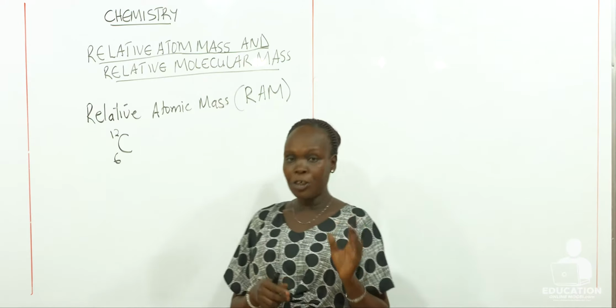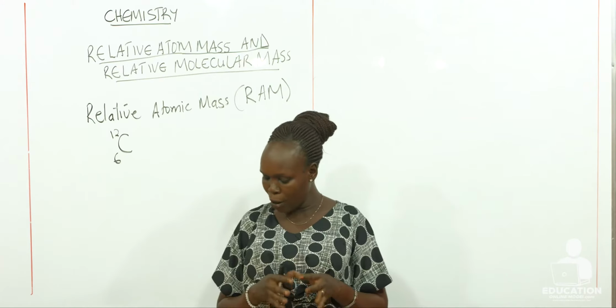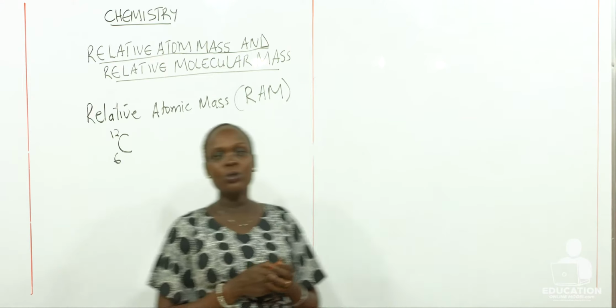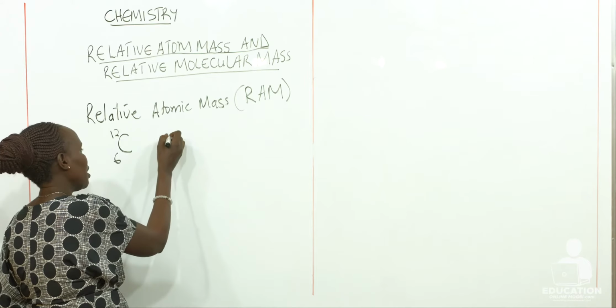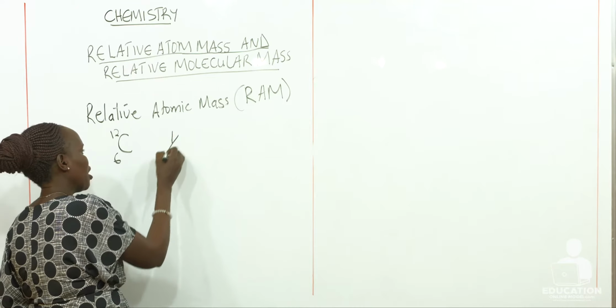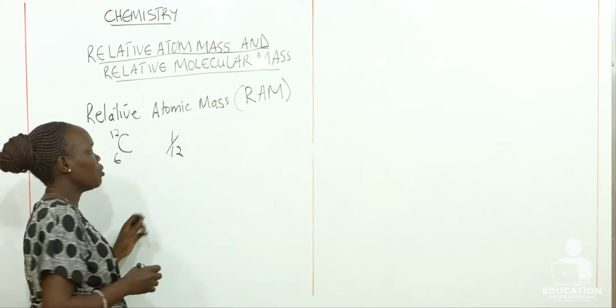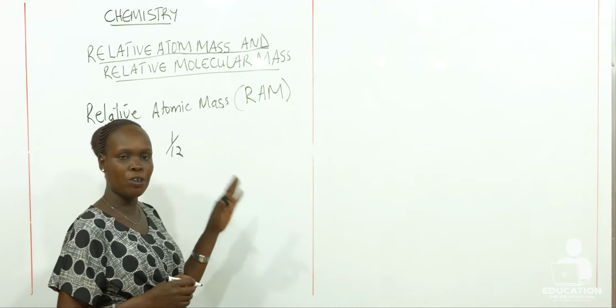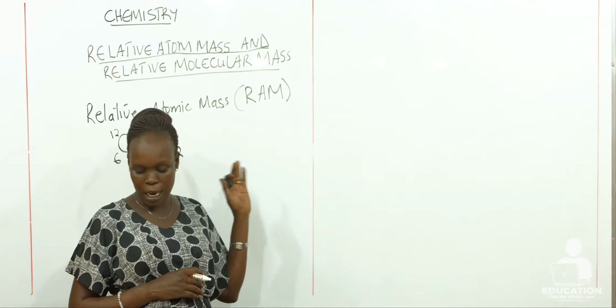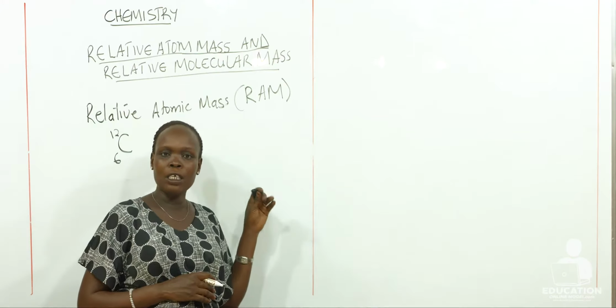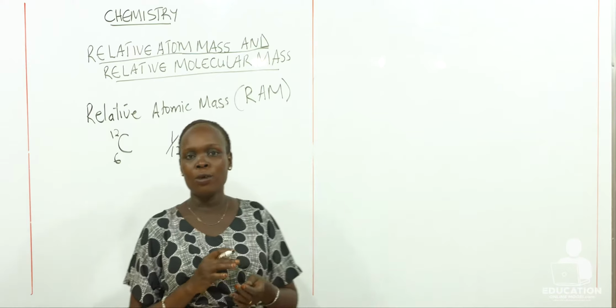So all atomic masses are compared to 1/12 of carbon. So all the elements are compared to 1/12 of carbon 12, which has a mass of 12.